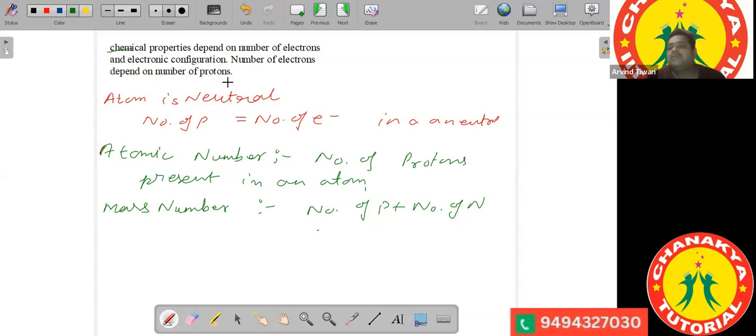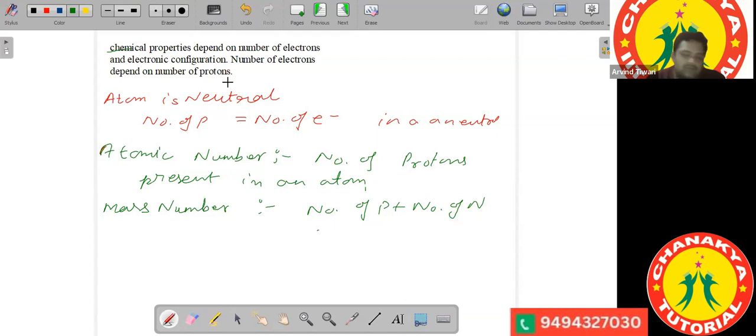Can we say that? That chemical properties of an element depend on the number of protons, and they do not depend on the number of neutrons.